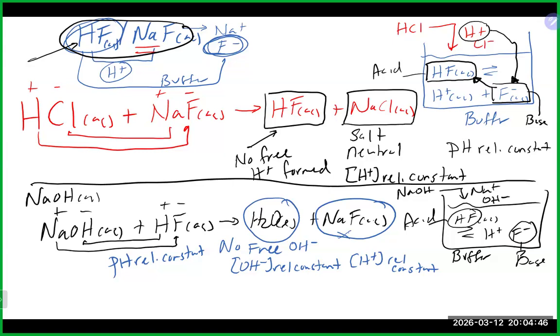Because it has both of those things in the solution to begin with, it's got an acid part and a base part to the buffer, so it can handle it when you do that. And because there is no free H plus or OH minus, depending on what you're adding, the pH is able to remain relatively constant. Any questions on how that pH buffer works?